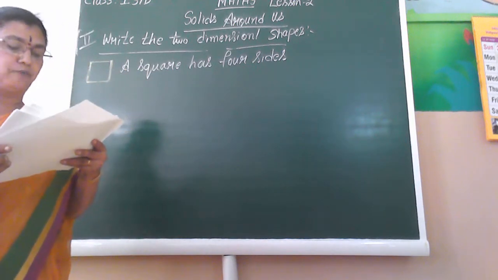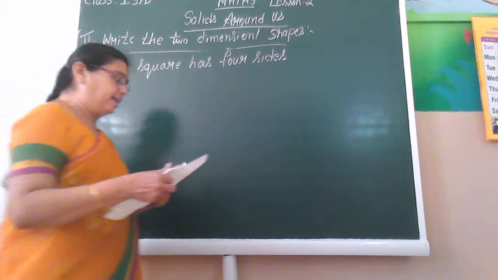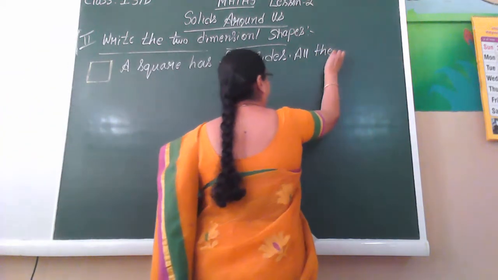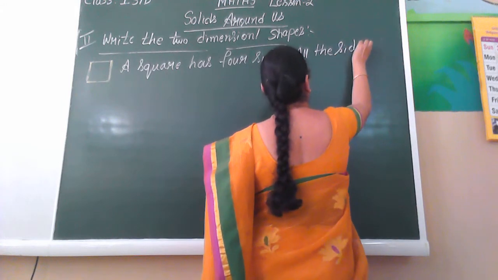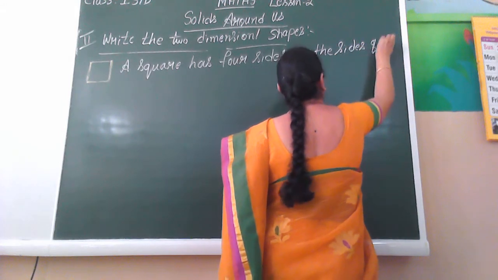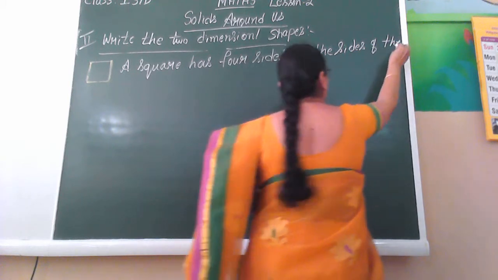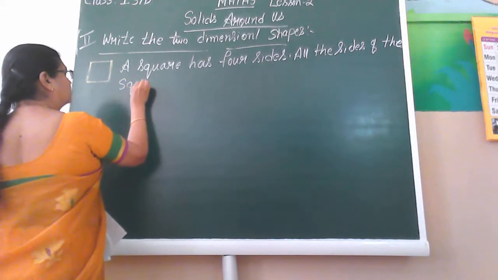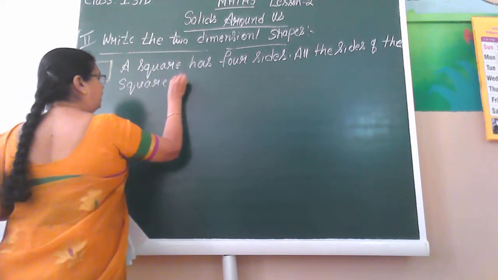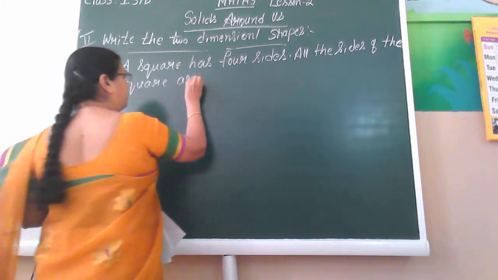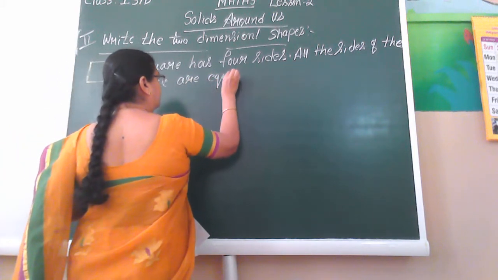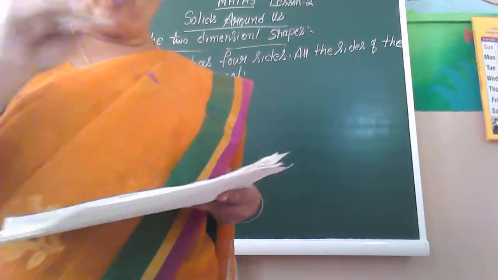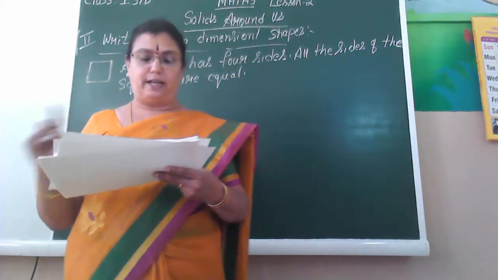All the sides of the square are equal. Okay, children, we learned a square has 4 sides. All the sides of the square are equal.